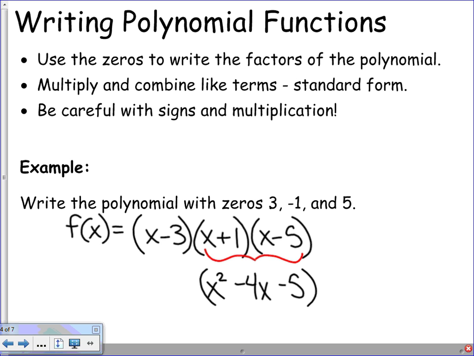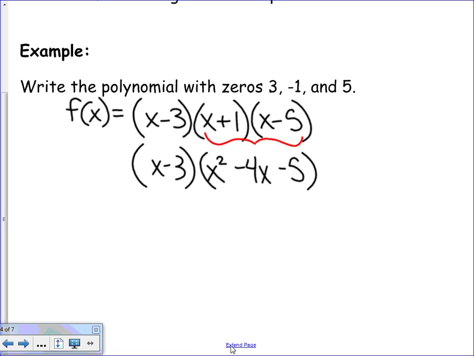Now, you're not done here because this is only quadratic. You still have to multiply by x minus 3. So again, this is a problem from section 4.2. We already know how to multiply a binomial times a trinomial. Distribute the x to every term.